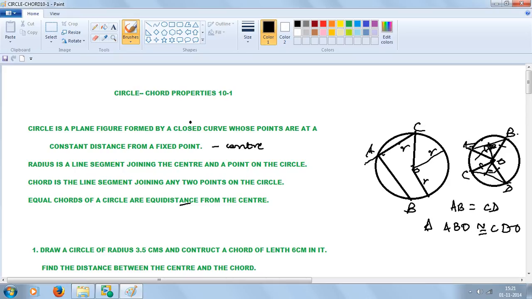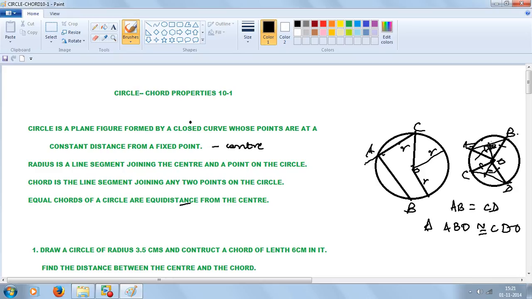So these two triangles are also congruent. So what about this OE? It is the perpendicular bisector of line AB. Similarly, OF is the perpendicular bisector of line CD. And AB is equal to CD, and the perpendicular bisector bisects this line into two, and this line into two.